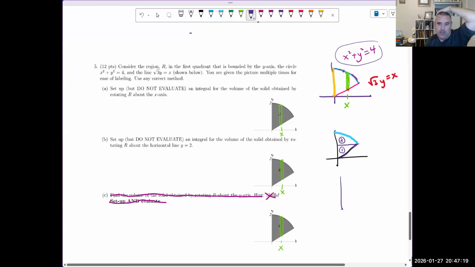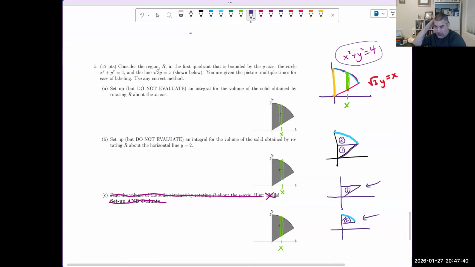And there's nothing wrong, I mean, two problems is two problems. It's not terrible. It's just on a test, I would much rather do one problem than two problems. That's the issue. So if you were trying to do it in terms of y, you'd have to do this volume of revolution and this one.